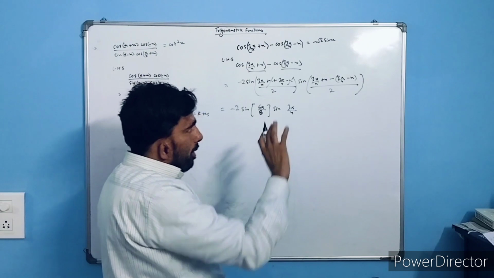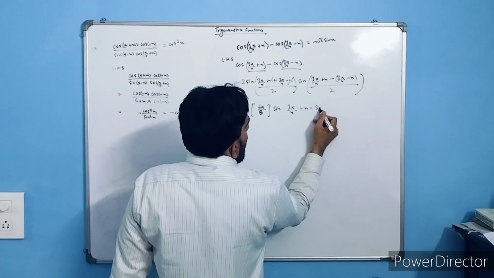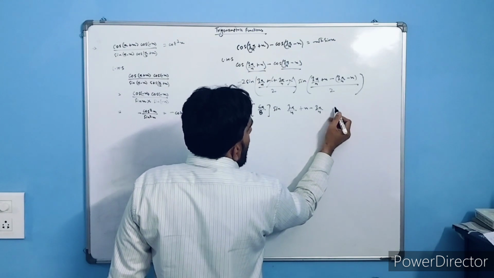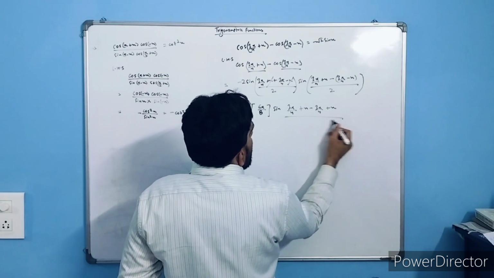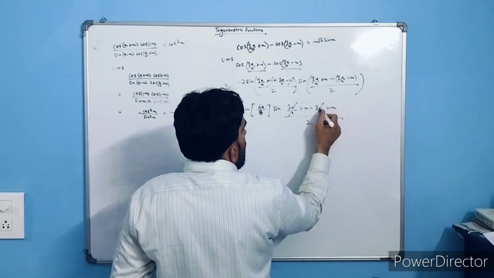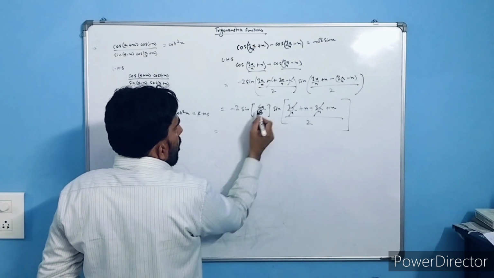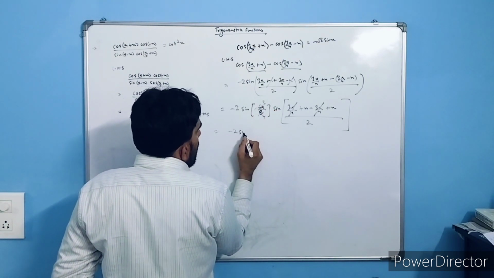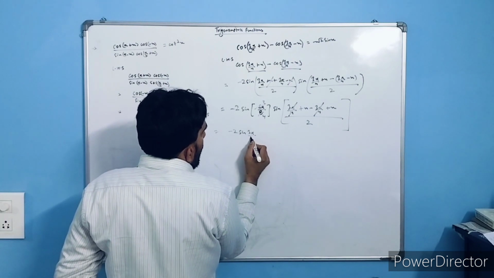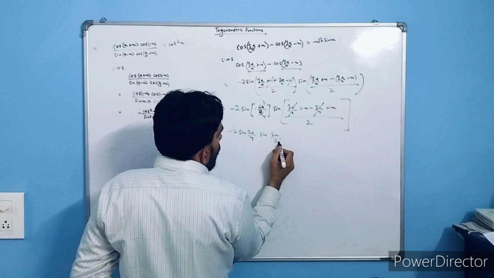I am just opening the bracket so that I can easily find the value here. So I got minus 2 sin(3pi/4), and sin I have got 2x by 2.